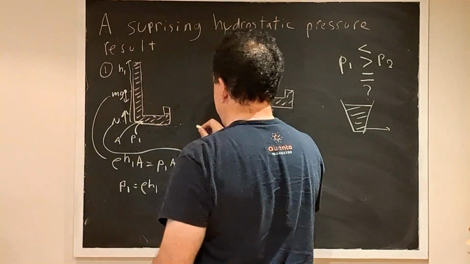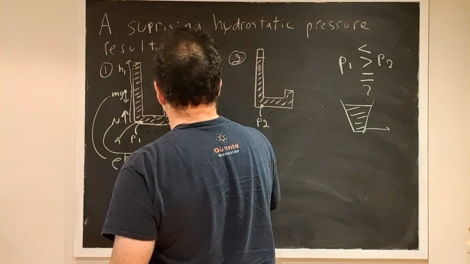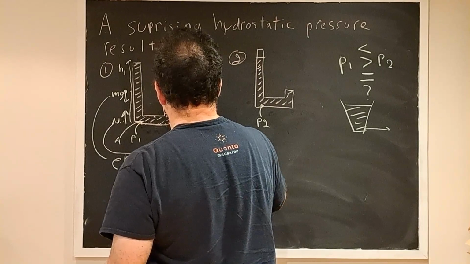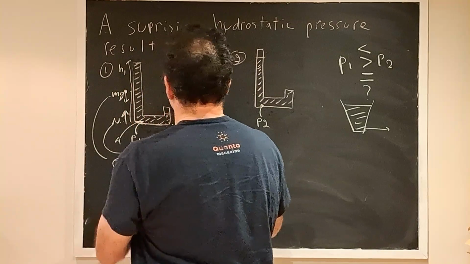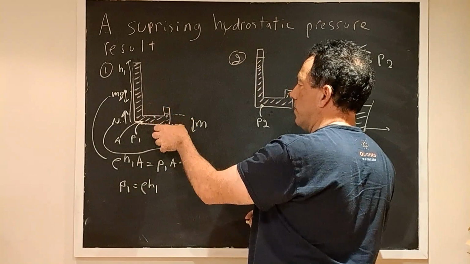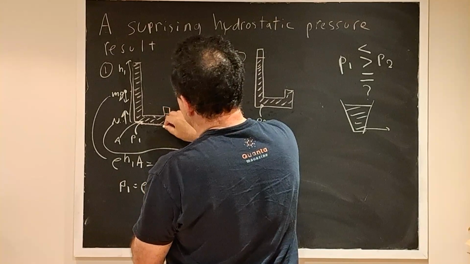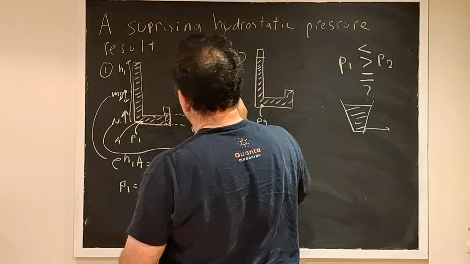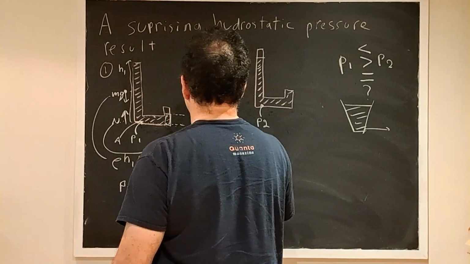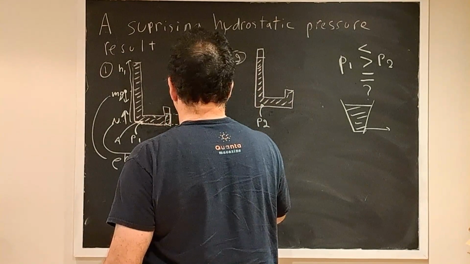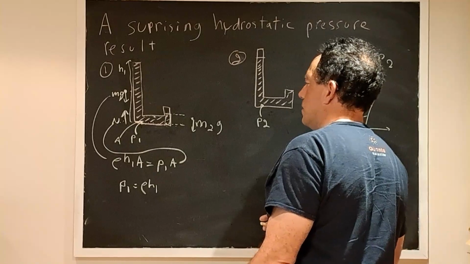The second side, well, we have the same. So what we have here, we'd call this one M1. We do the same. We isolate a column of liquid. We can take the whole cross section of the tube and we isolate this column here. And the force due to gravity is simply the mass of this column times g, the gravitational acceleration.